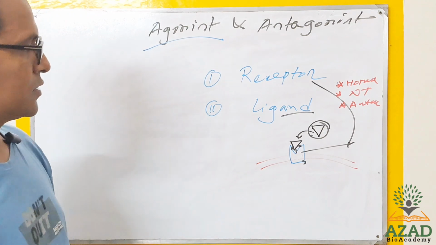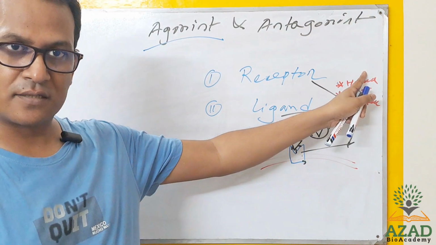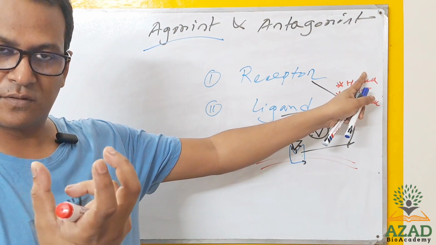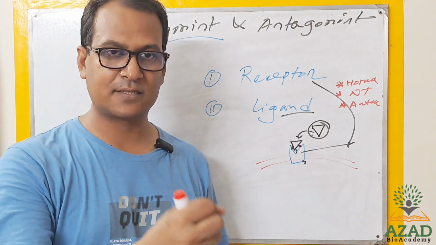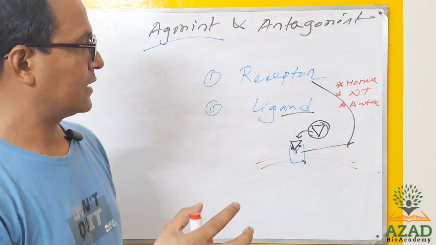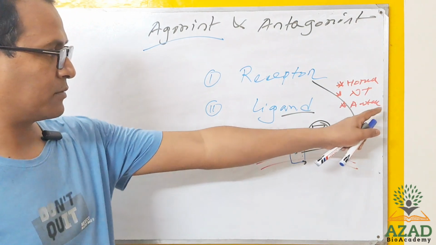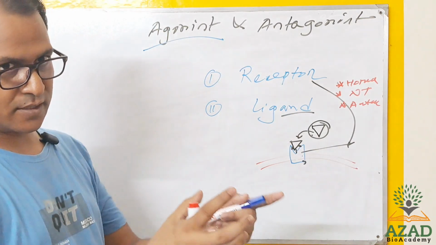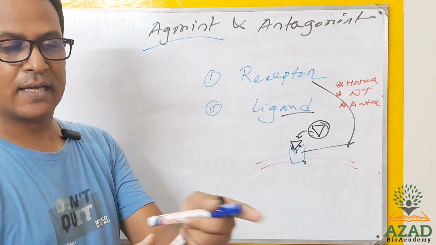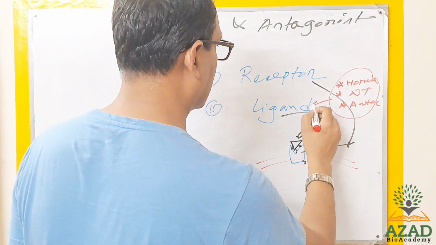Suppose you think of epinephrine or adrenaline, which increases the heart rate; that will bind with the beta 1 receptor. If you think of neurotransmitters like acetylcholine and dopamine, they will bind the corresponding receptor and give their function. You can also think about serotonin or histamine, which also have specific receptors, and they will give their function. So these are the ligands.